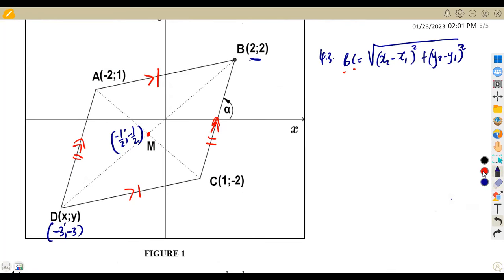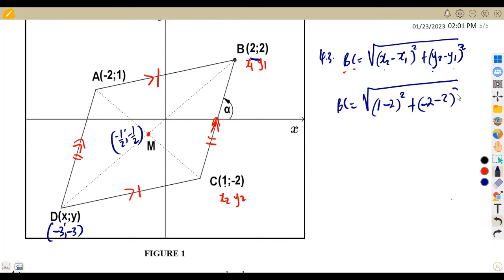Let's just say this is our x1, y1. This is our x2, y2. So according to the formula, BC is equal to the square root of x2 minus x1. Our x2 is 1, so it's 1 minus 2 squared plus y2 minus y1. Y2 is minus 2. Take note, it's minus 2. So it's minus 2 minus 2 squared, like that. Okay, so this will be the length of BC.